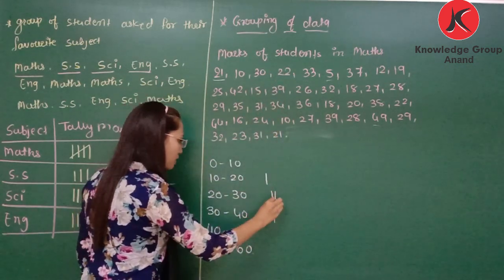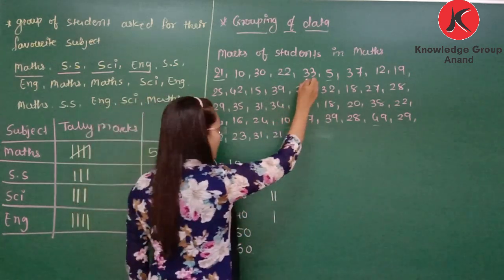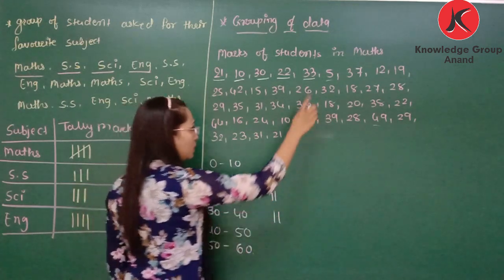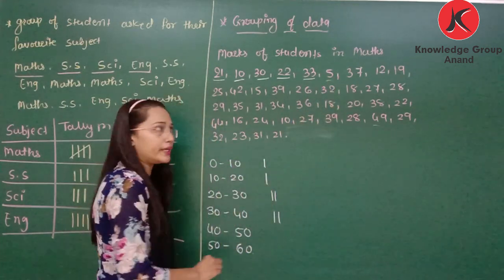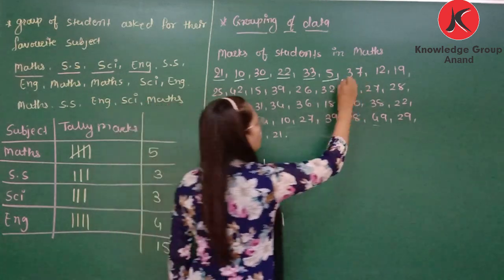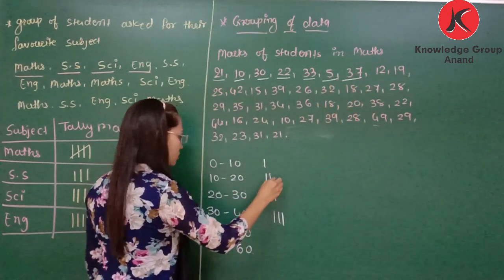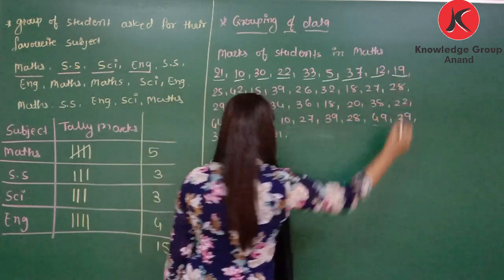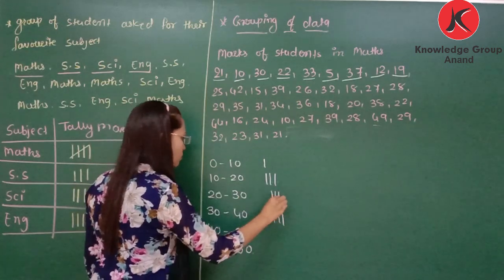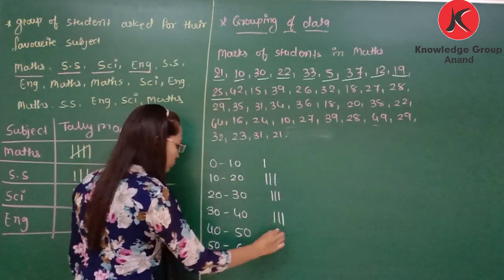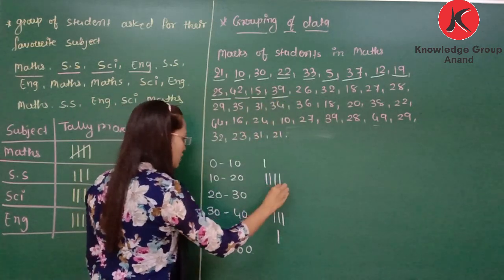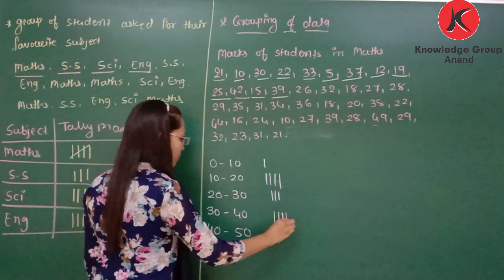22, that will be between 20 to 30. 33, so it is between 30 to 40. 5 here. Now 37, so it is here. Now 12, that is between 10 and 20. 19, so it will be here. 25, so here 42, then 15, 39, so here it is 15 and here 39.